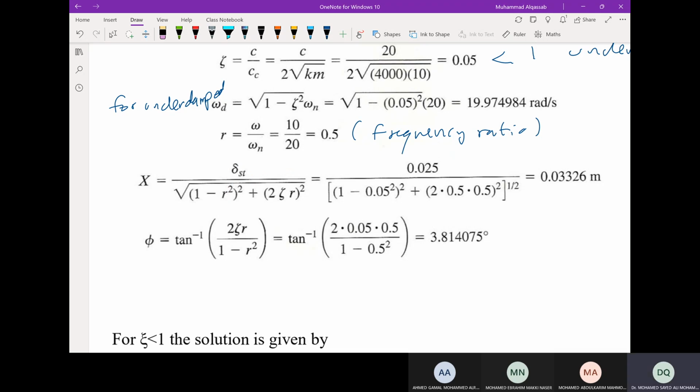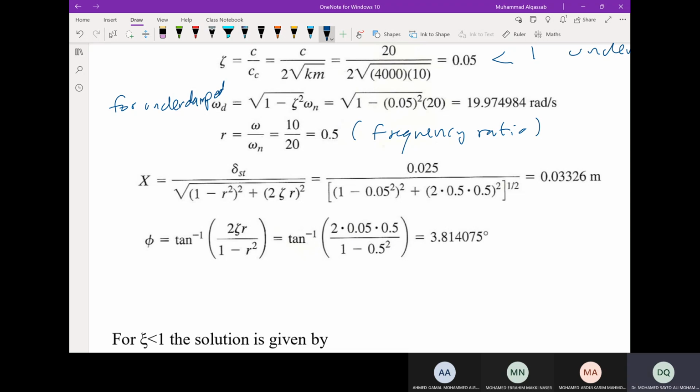So delta, the static deflection, is 0.025, divided by the square root of (1 minus 0.05 squared)... or rather, (1 minus r squared) squared plus 2 times 0.05 times 0.5 squared, all under the square root. The answer is 0.03326 meter. This is the amplitude of the steady state.